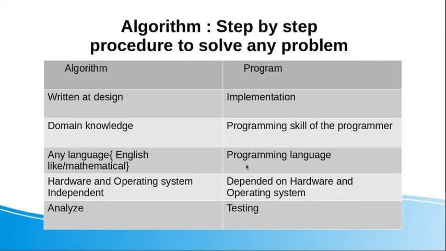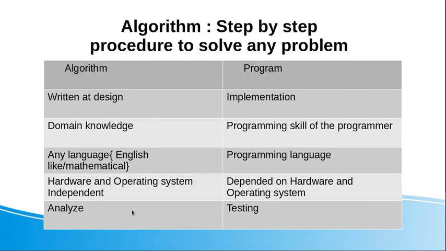A program requires a programming language like C, C++, Java or something like that. An algorithm is hardware and operating system independent, because an algorithm is for any problem, but a program is written for a computation problem, so it is totally dependent upon hardware and operating system.